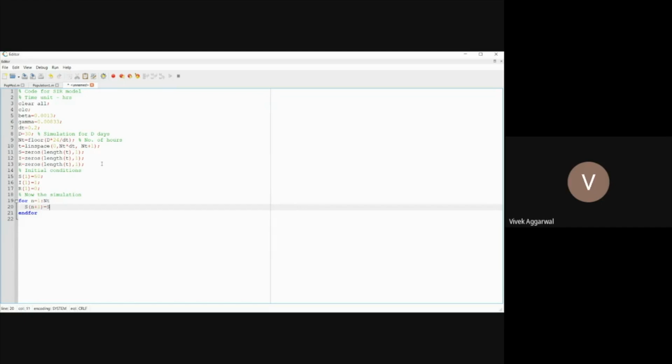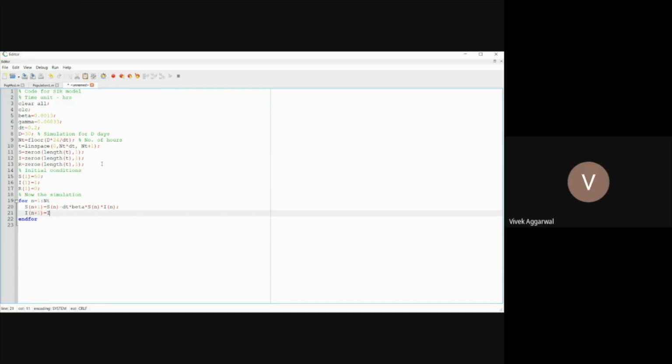So that is equal to S n minus theta dt star S n star I n. This is the first equation I have written.